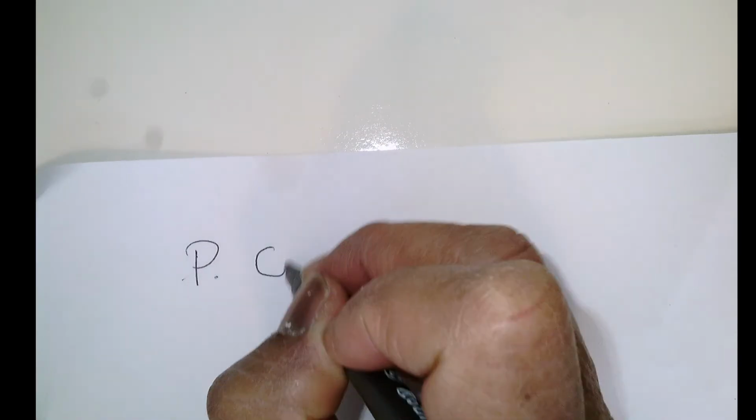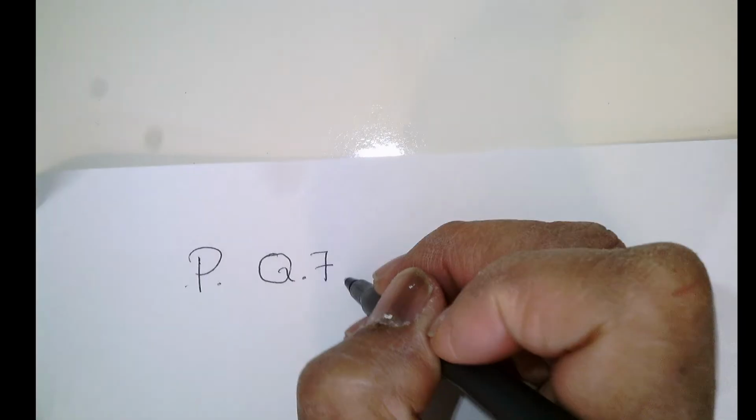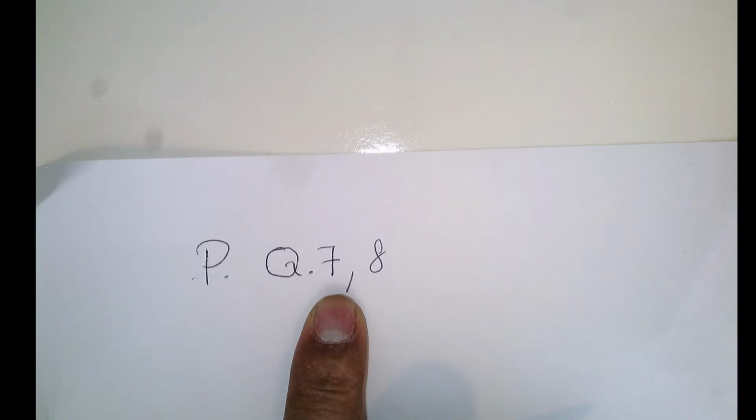is going to be on page 222, question 7 and question 8. I'm going to start the assignment for you later, reviewing what we have done up to this point concerning solving equations.